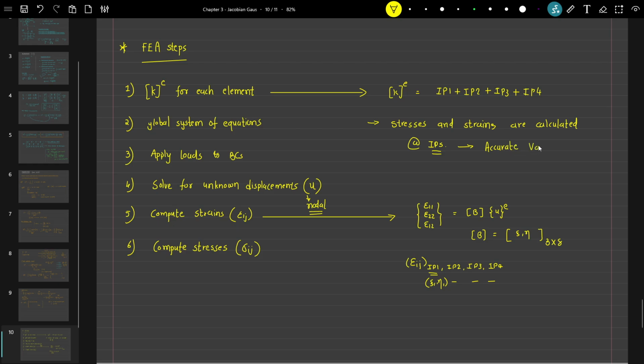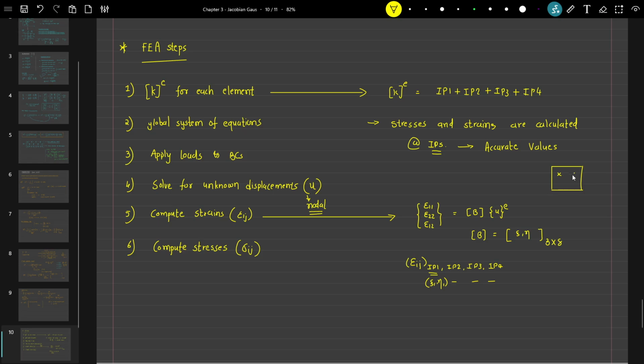But in FEA software or in post processing, you would have seen that generally when you probe the stresses and strains, you probe at nodes. So they are not from direct computation. They are actually extrapolated values from integration points to nodes.